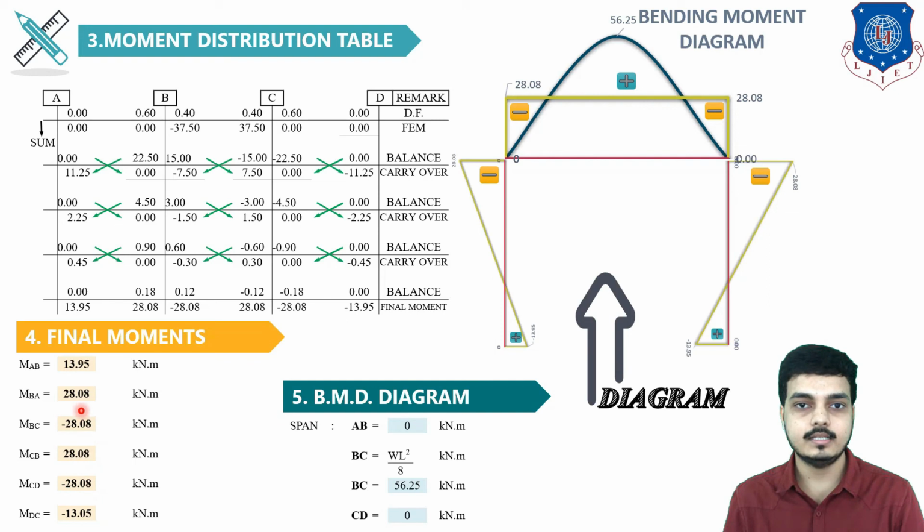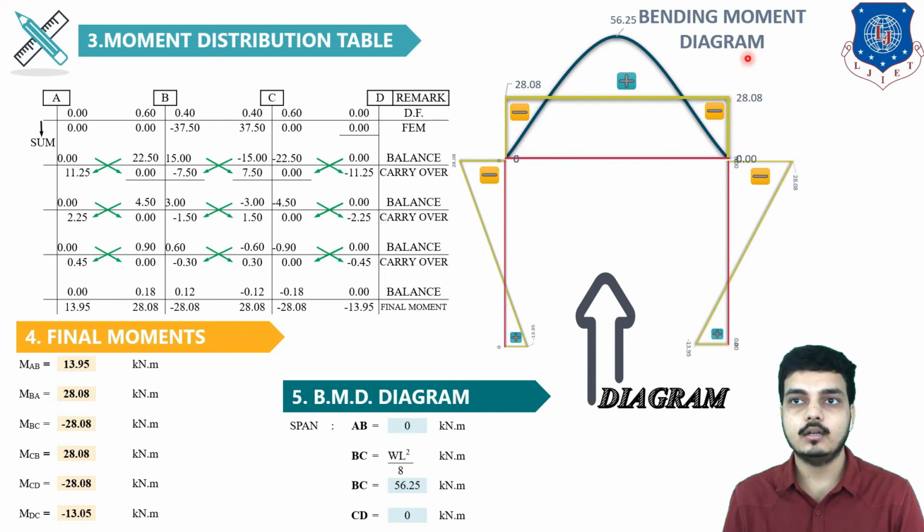For the BC span, this is on the left hand side, so up, same up, right hand side positive. Now here on the left hand side a negative value came, so up. Now for the right hand side, a positive value is up, but here it is coming negative, so we have to put it down and then connect all the points.